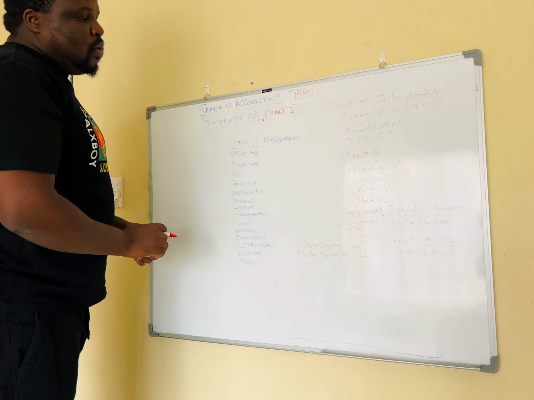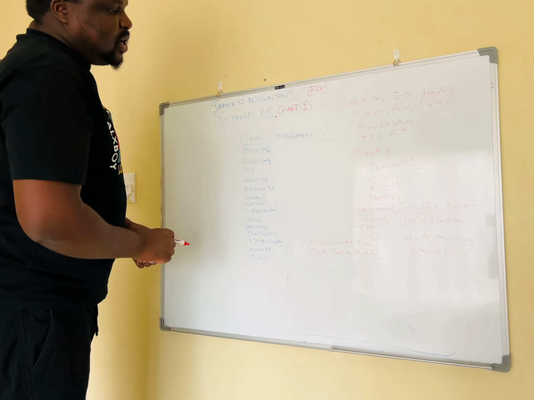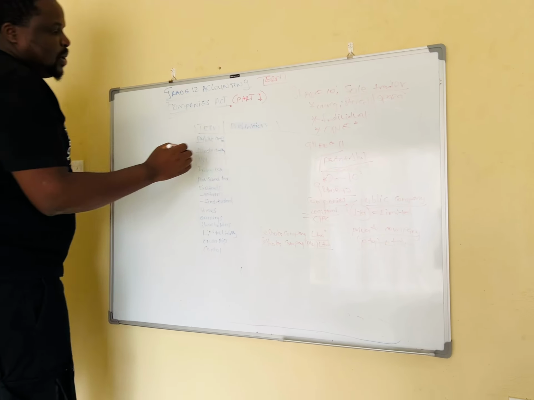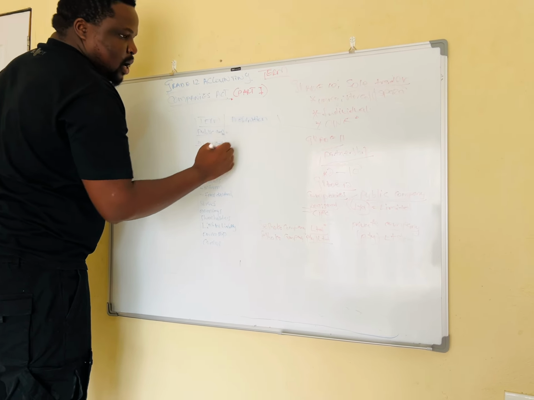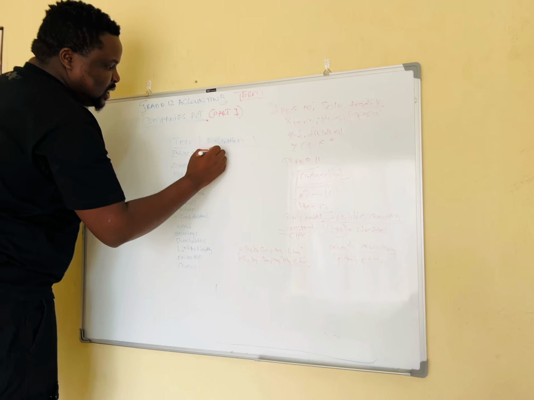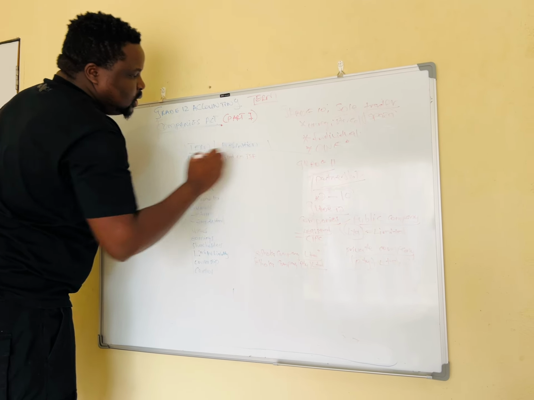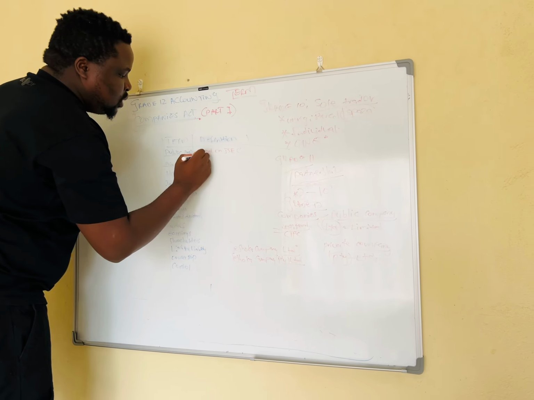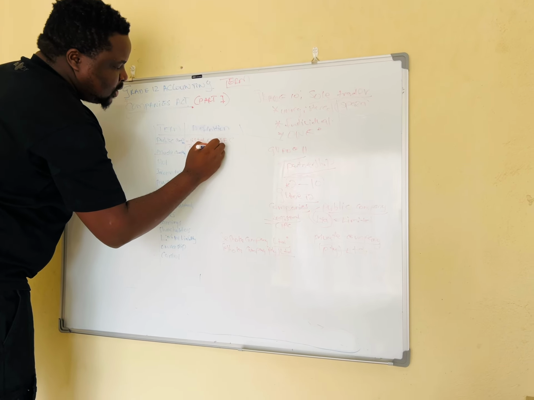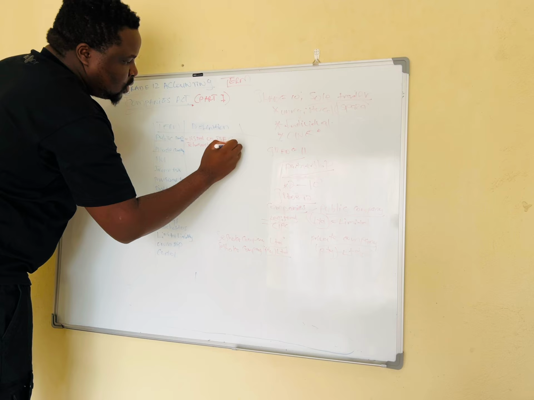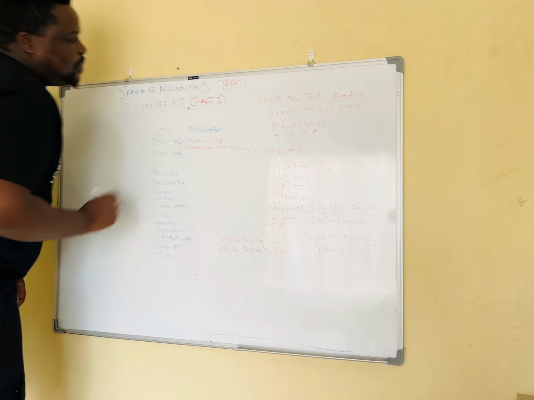But what's more important? What differentiates a public company from a private company? A public company is any company that's listed on the JSE. What is JSE? It is the Johannesburg Stock Exchange. That's a public company.